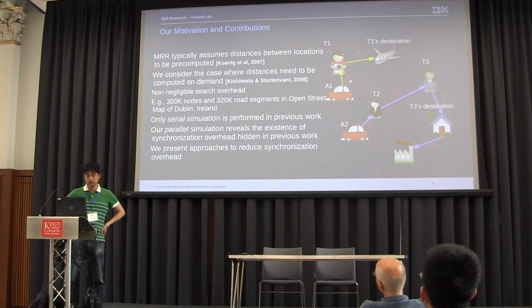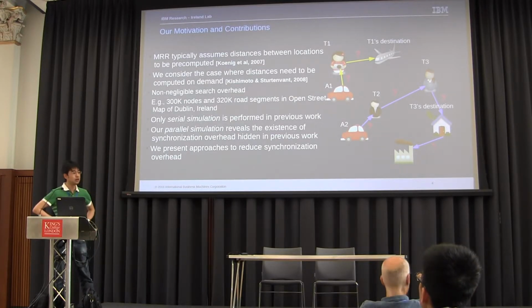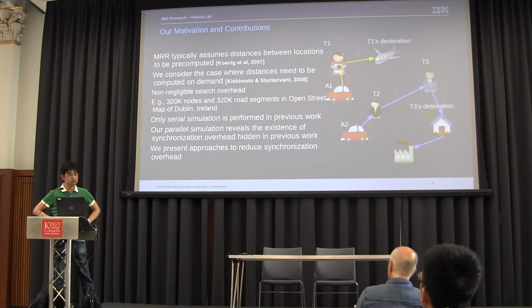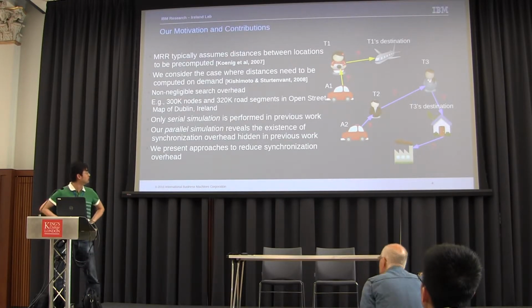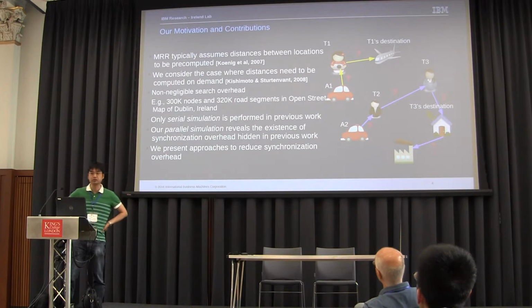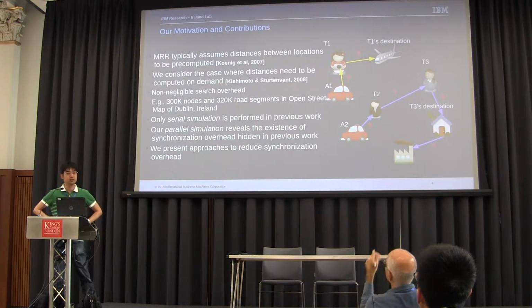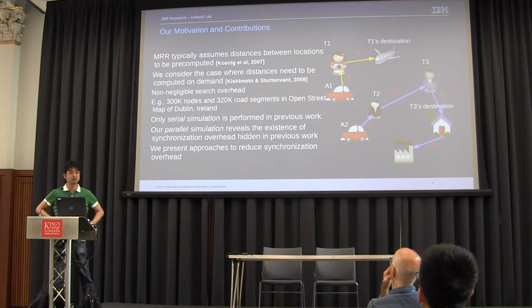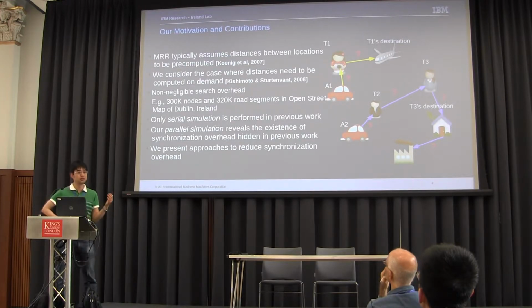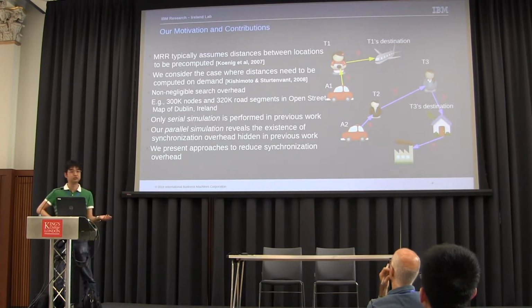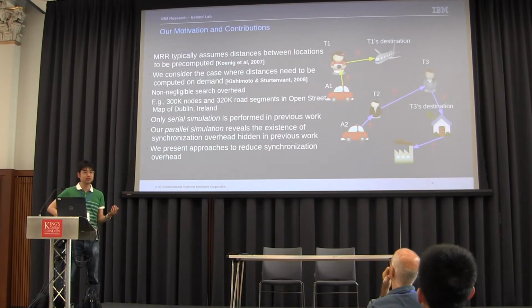And assuming this setting, what happened in the previous work is that only serial simulation was performed, which means that the simulations are performed on one CPU core where agents are simulated sequentially.